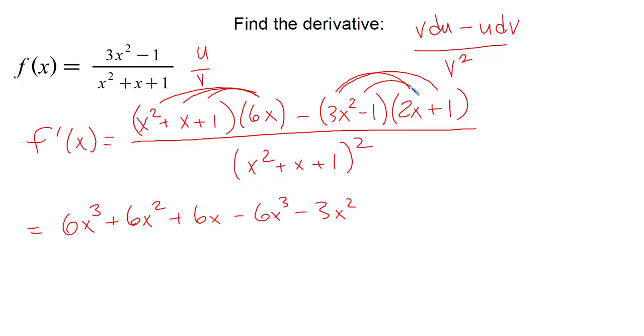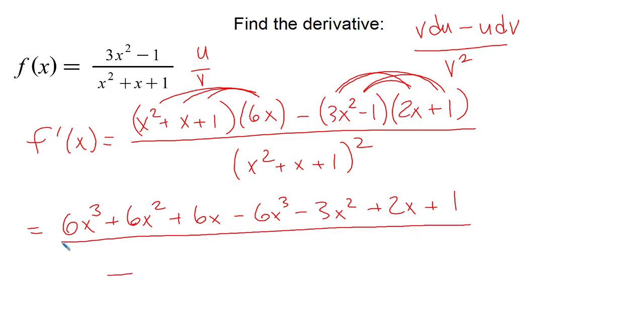That's a minus 2x, but then when we put the minus in front, that'll be a plus 2x, and that's a minus 1, but when we put the negative out in front, it'll be a plus 1. And then we'll throw our denominator squared in there.